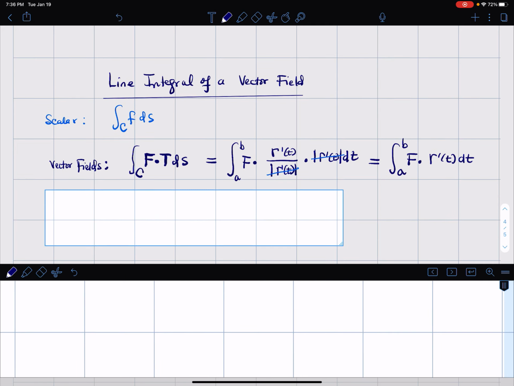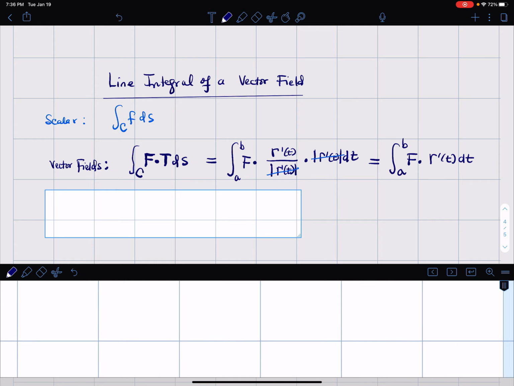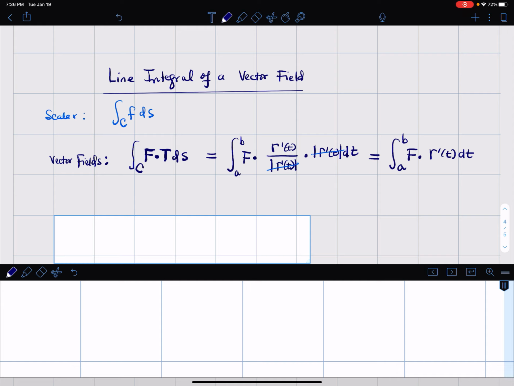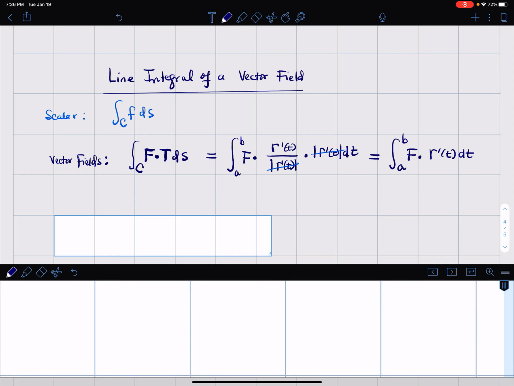Okay. So we can summarize this in maybe a theorem. Let's call it a theorem, or an explanation, or fact, or summary.